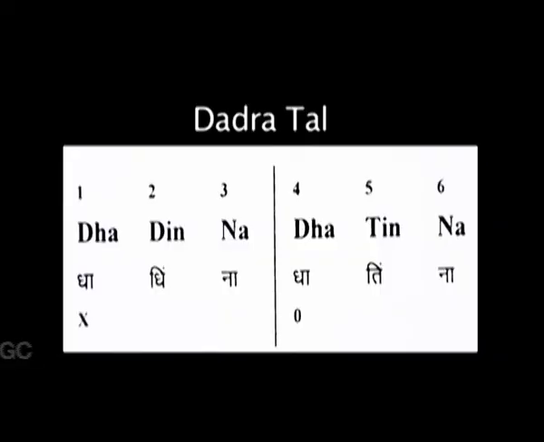The 3 important beats of any tal are sam, tali and khali. You can see in the script the Theka of Dadra Tal written in its complete form, that is showing the matras, bol and talchinh of sam, tali and khali.